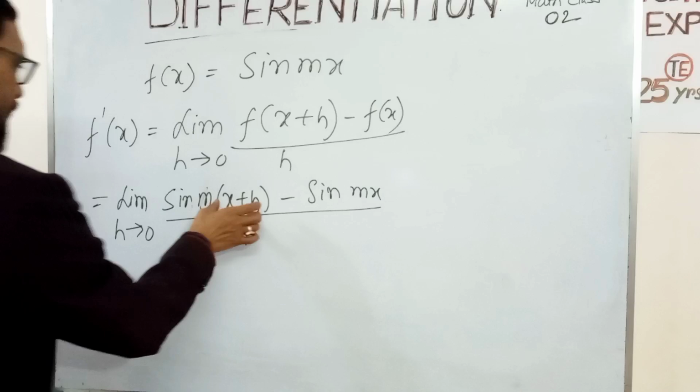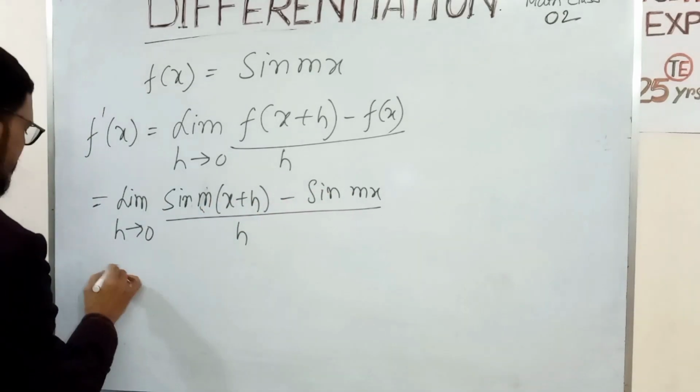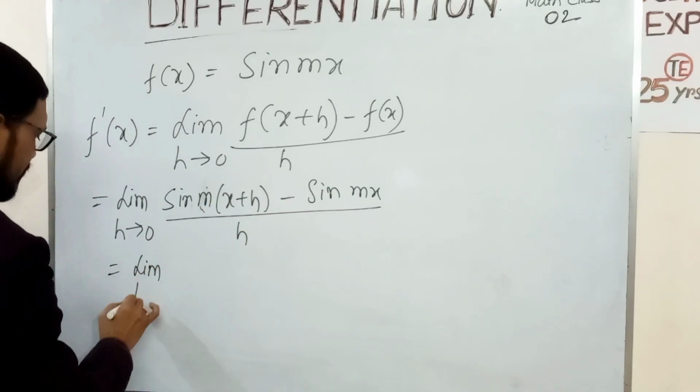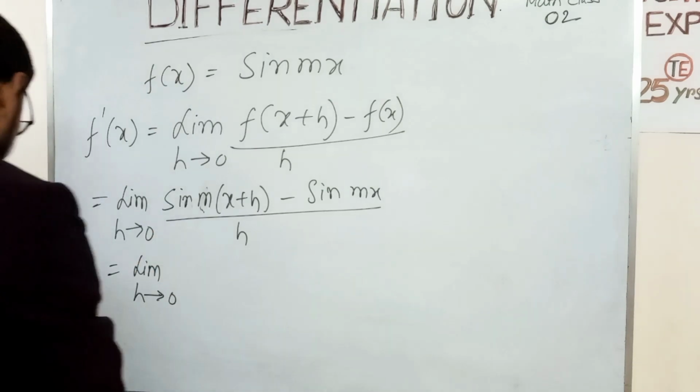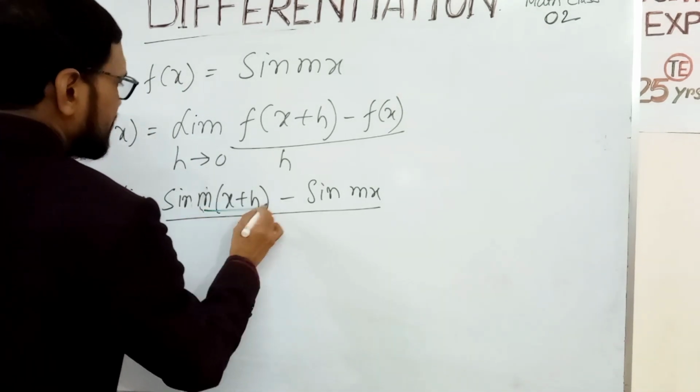So this is the formula of sin c minus sin d. This is c and this is d.